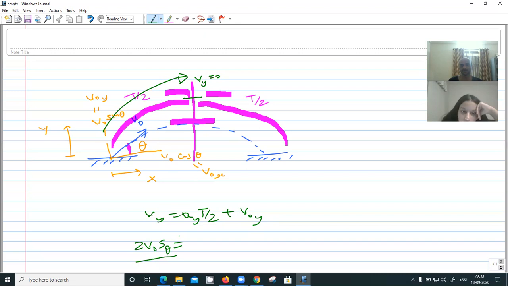Acceleration in the y direction, negative 9.8, that is g. We can take the value later. So the capital T is 2 V naught sine theta by g, and capital T is the time of flight, the total time.